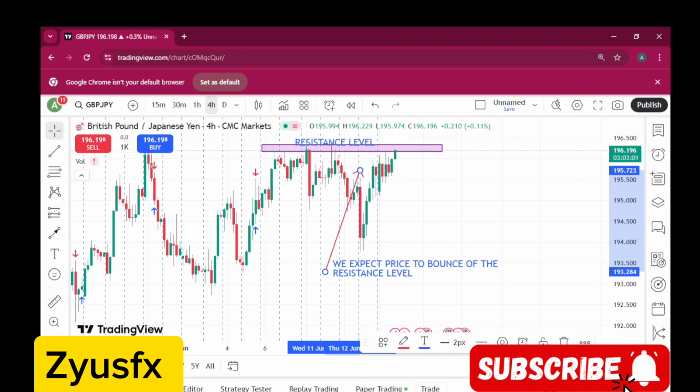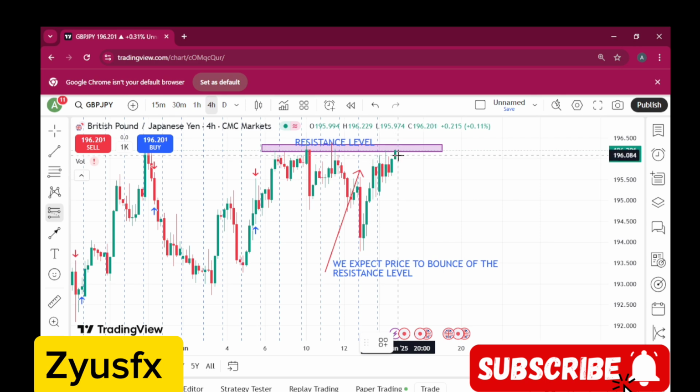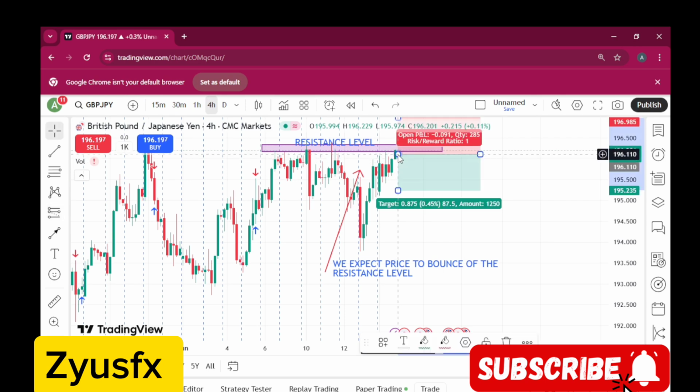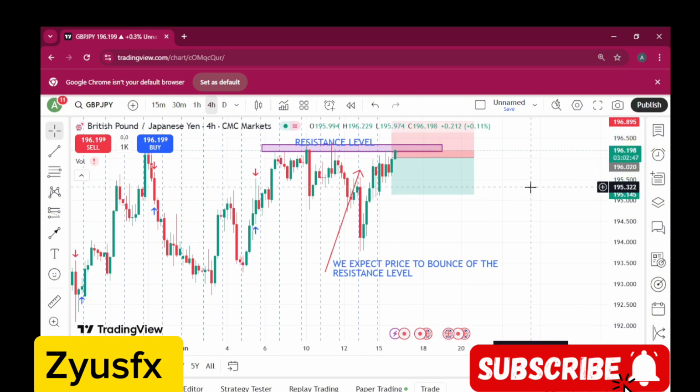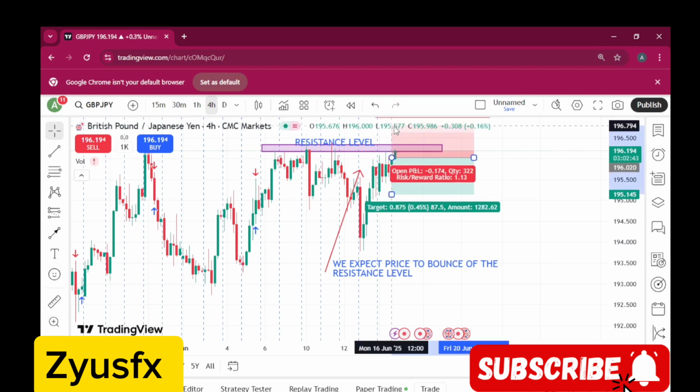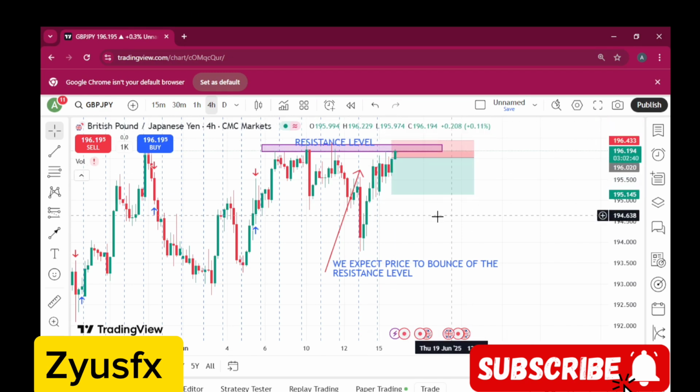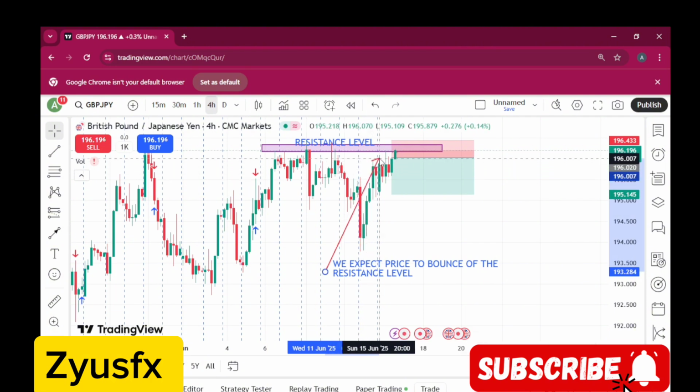So this is how our trade is going to look. We are going to set the sell stop order somewhere slightly below the open candle, somewhere around this level here. So the logic behind that is, let me set the stop loss. So the logic behind the sell stop order is, if price keeps respecting the level and turns bearish again, that's the only time we get triggered into the trade.